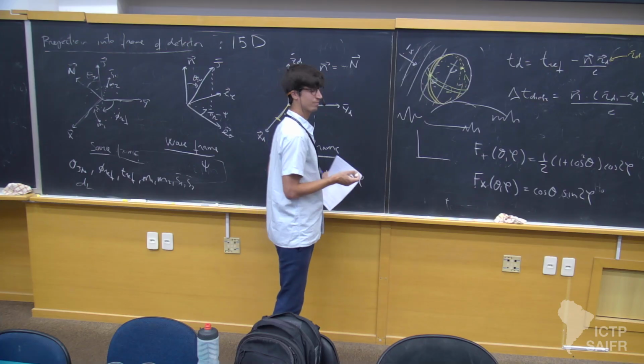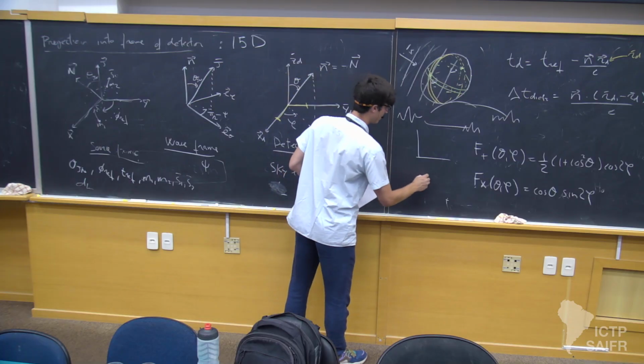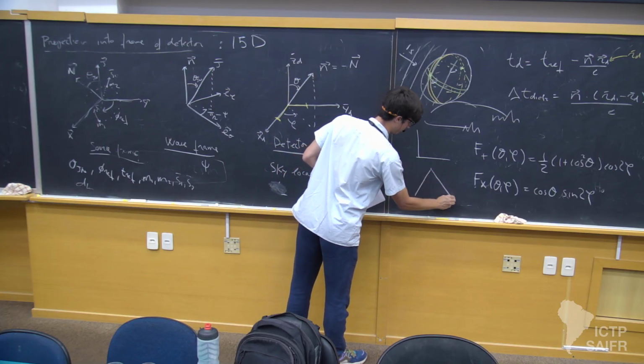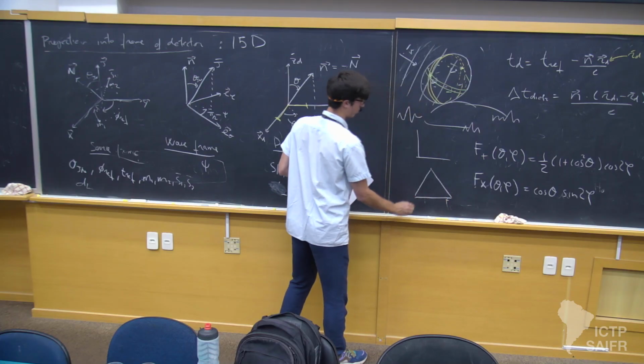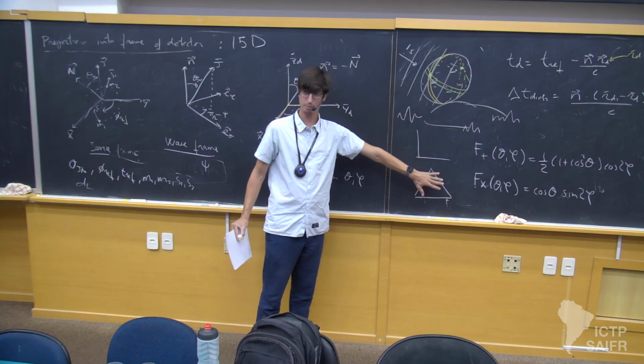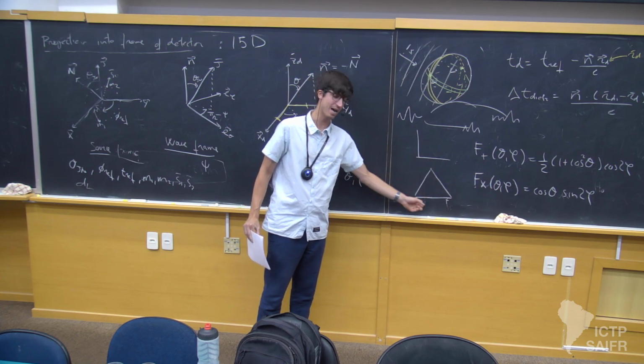Yes, so the Einstein Telescope, the proposed future detector in Europe, has an initial proposal to have a triangle shape.